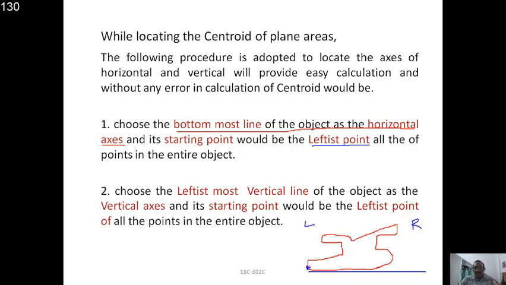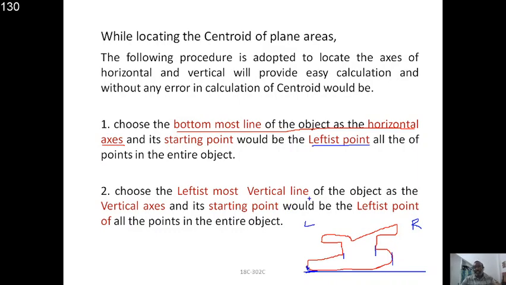So your axis should start from here. This is not the left point, this is the right side, this is also right side, and this is the left portion, the farthest left. So your horizontal axis should start from that point, so that point should be located, right?